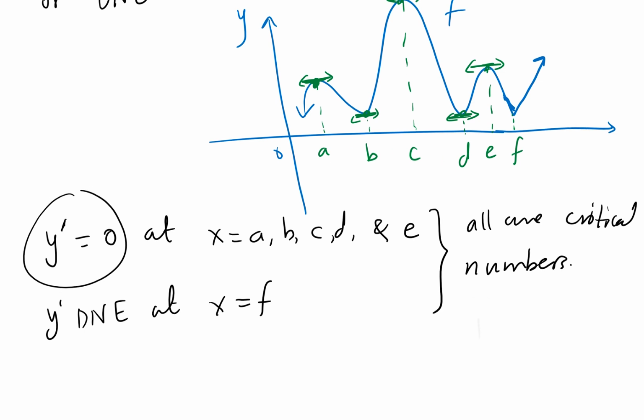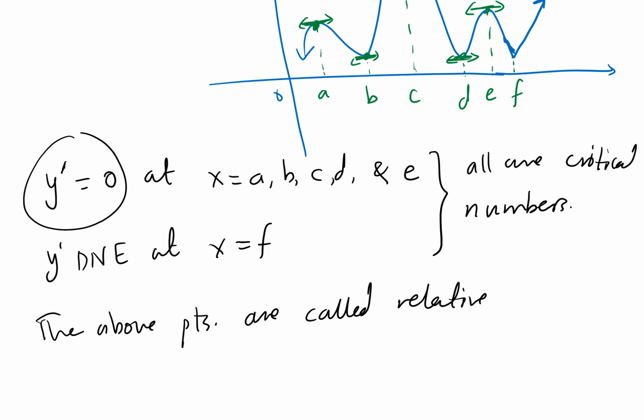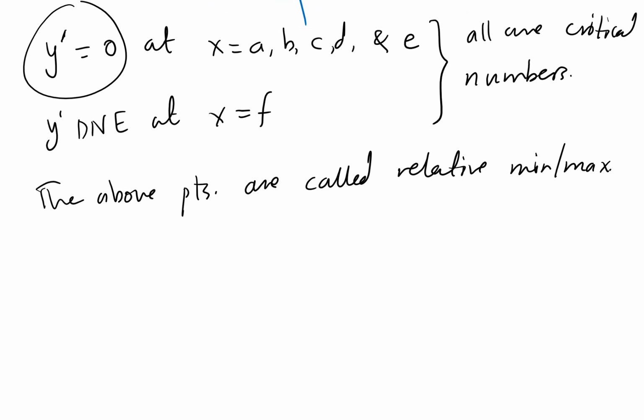So these points that we just found, we say the above points are called relative min and max. How do we find them if it's not given graphically?